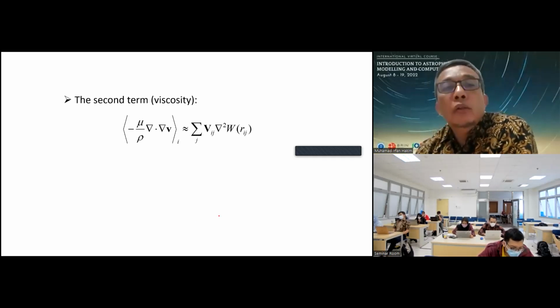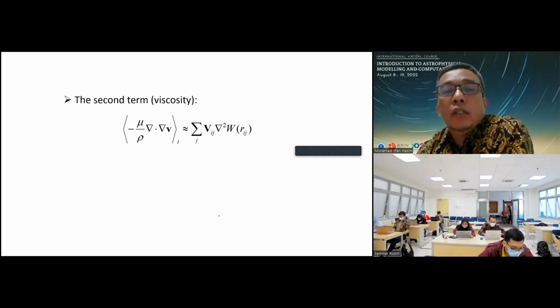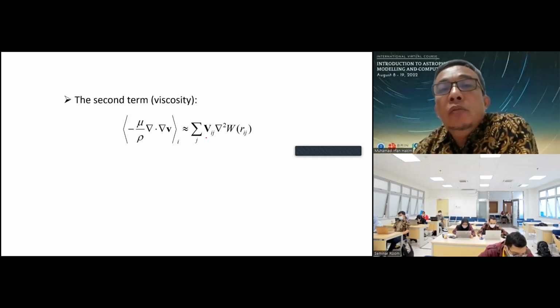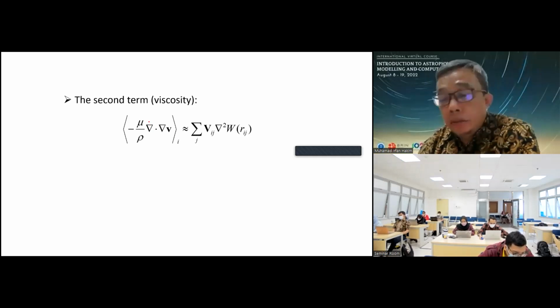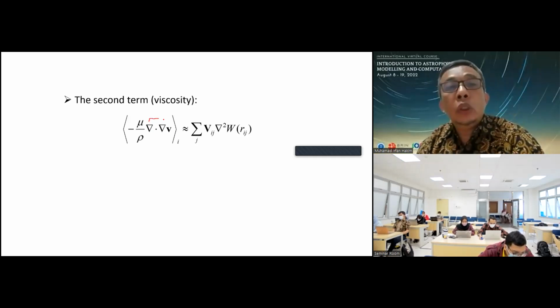For short, we could express this approximation by summation over j here, because we have two nabla here.